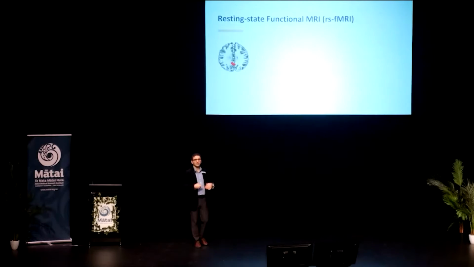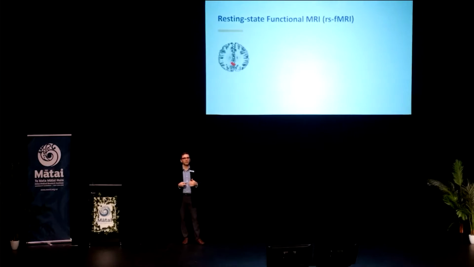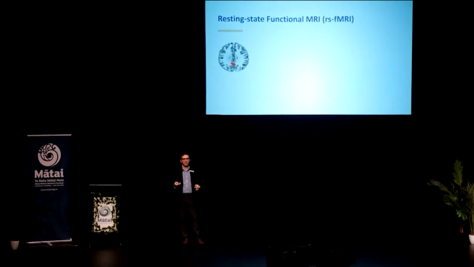But we can also go further and see what happens inside the brain when we are not doing any specific task. Because when we are at rest, there's still a lot going on in our brain, and different parts of the brain are talking to each other and connected with each other. And with this specific category of functional MRI, which is called resting state functional MRI, we try to identify these networks in the brain at rest.